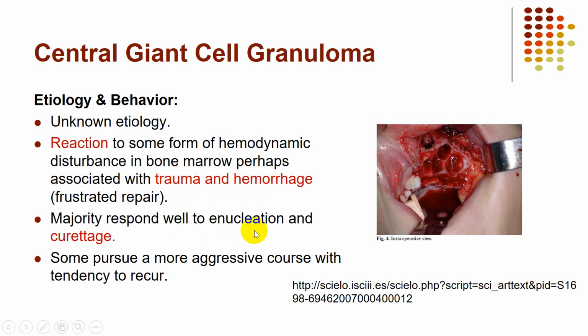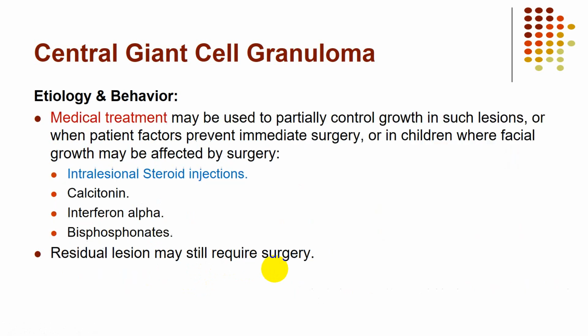Treatment will be enucleation and curettage for most of the cases. However, those extensive cases that we explained and discussed will need a different type of therapy for these aggressive courses. Therapy, I mean surgical or even medications, because they found that sometimes they can give intralesional steroid injections, and they can end up reducing the size of the lesions.